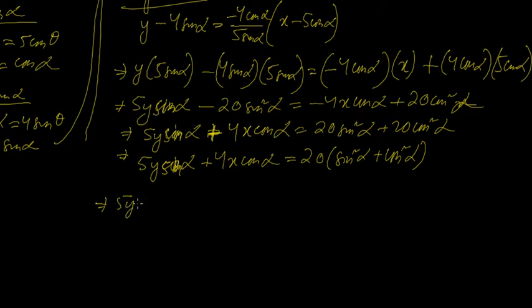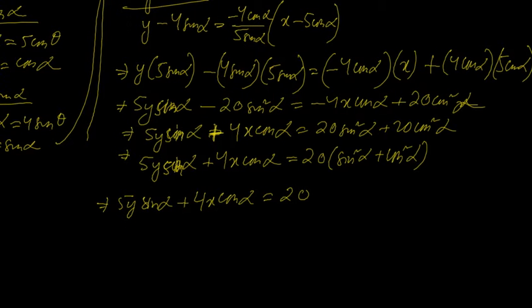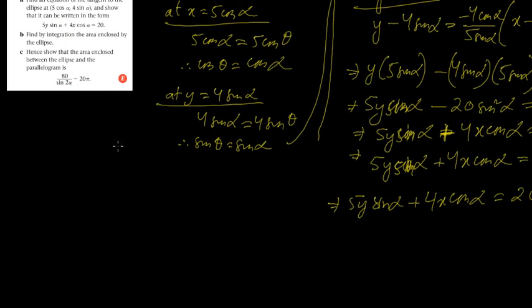So we have 5y sine alpha plus 4x cos alpha. The identity sine square plus cos square becomes 1, so this equals 20. Okay, did they tell us to show this? 5y sine alpha plus 4x cos alpha equals 20. Yes, we have shown this.